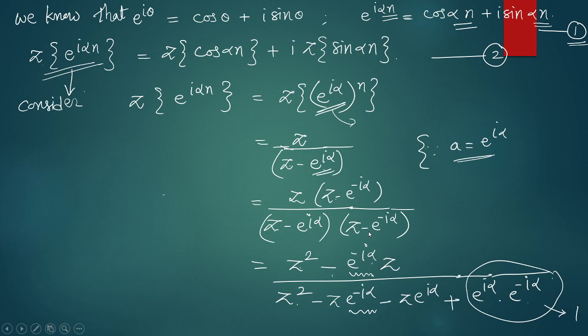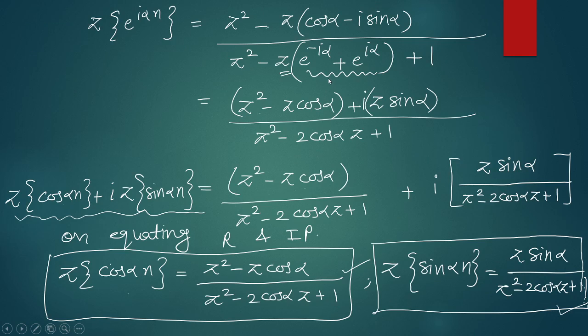Here multiply and divide by z minus e to the power minus i alpha, and then separate the terms. Open the bracket, multiply the terms, combine the terms. Now here z square, substitute the value of e to the power minus i alpha is cos alpha minus i sin alpha, and here combine the terms of z, and here last term's value is 1.